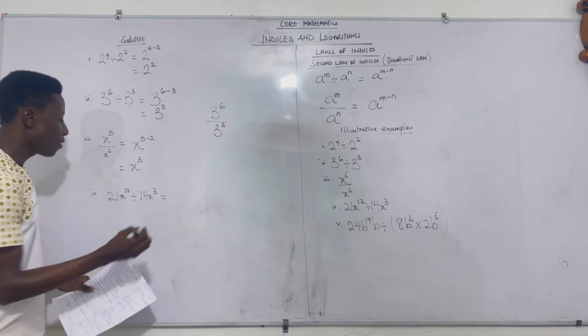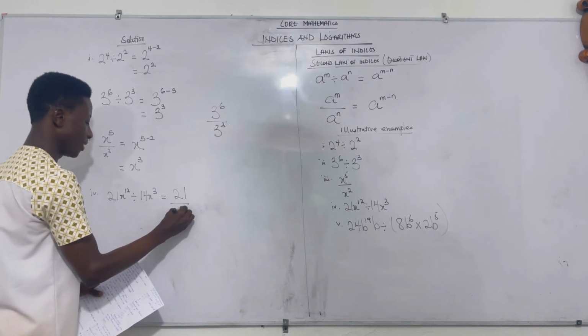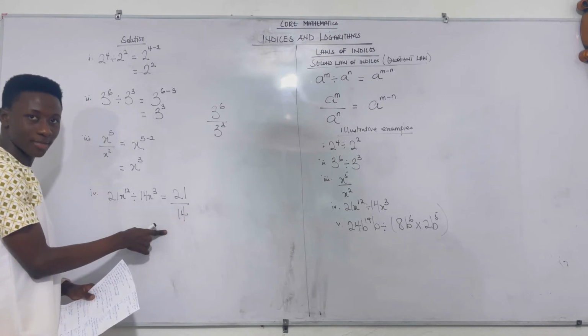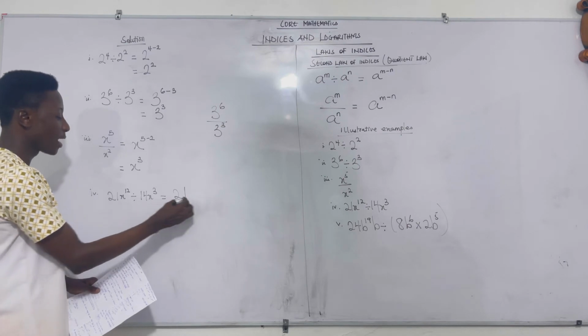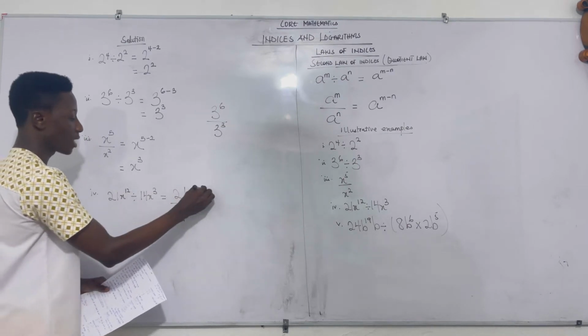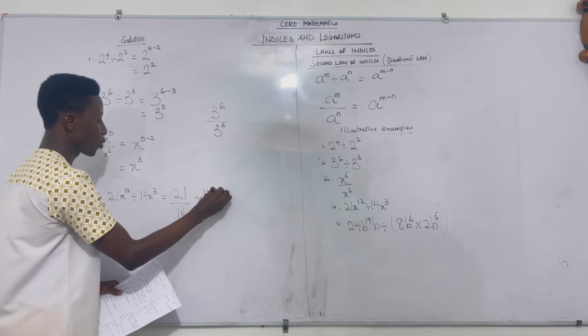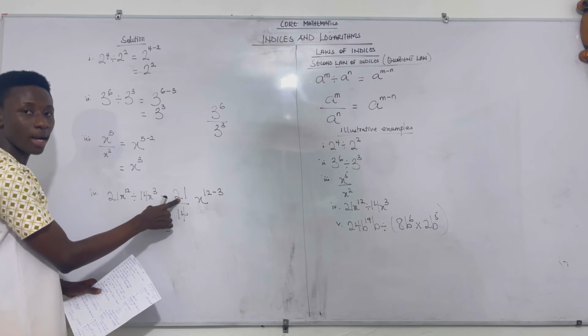So we'll have 21 on 14. We should know the results. Then for the variables, you see they are the same, so we'll pick one. Then we subtract the power, so that will be 12 minus what? 3. Now let's look at the simplification for this one.